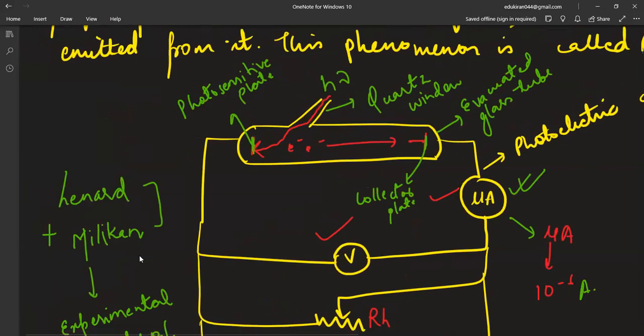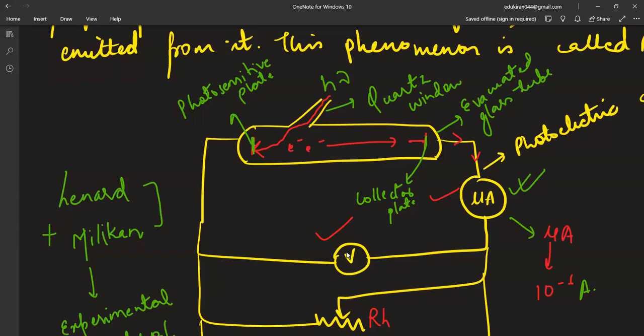So a positive photosensitive plate was taken, a quartz window was left open for the light to enter. Another plate was the collector plate, and the entire tube was an evacuated glass tube. When the light rays strike this metal photosensitive plate, electrons were ejected, which was detected by this ammeter, measured in microamperes. So the current flowing within the circuit was the photoelectric current.